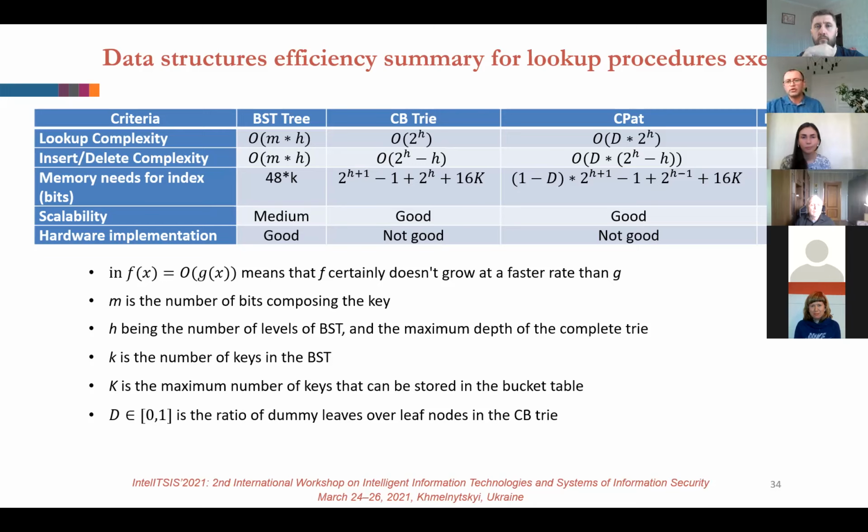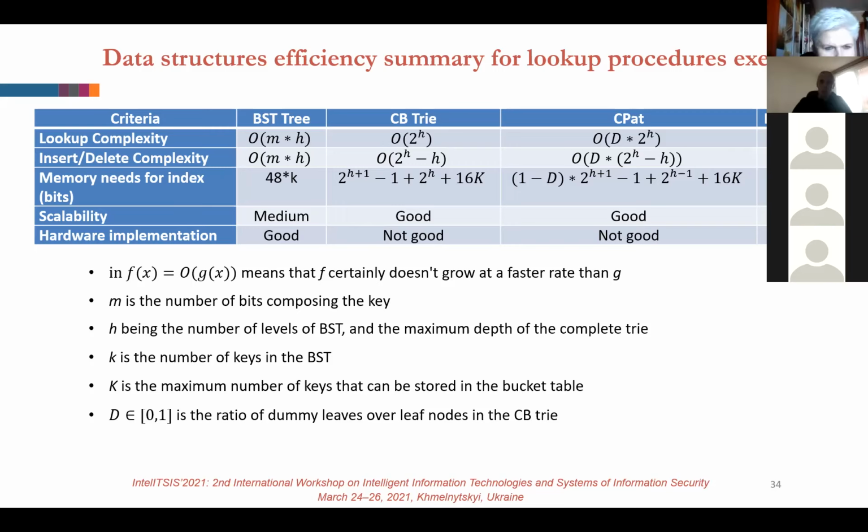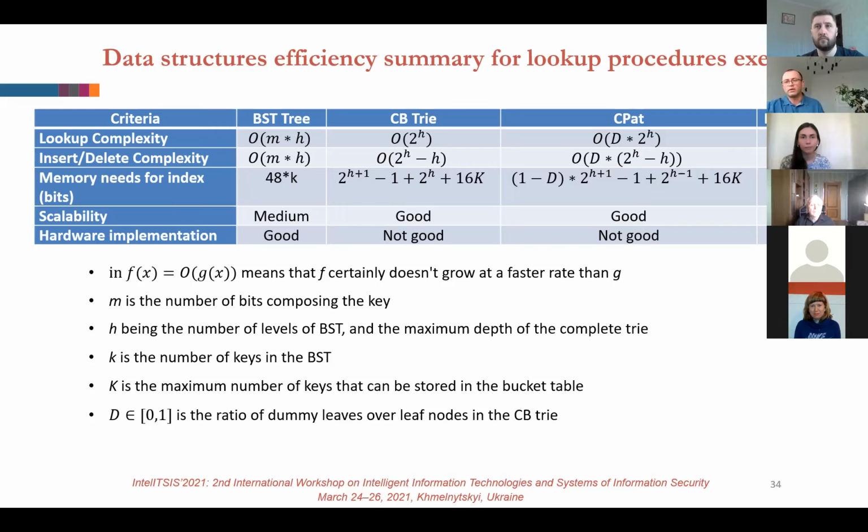If we are talking about resource constrained devices, where energy is one of the most important resources, hardware implementation of tries, which are very compact and may be very fast, is not good for exactly this application.